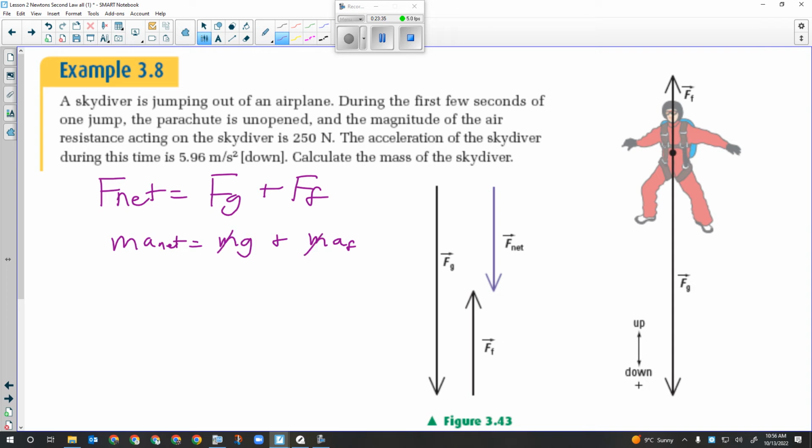Now I can eliminate mass. They do tell me the net acceleration, and I know the acceleration due to gravity, so all I have to do is find the acceleration due to the force of friction.